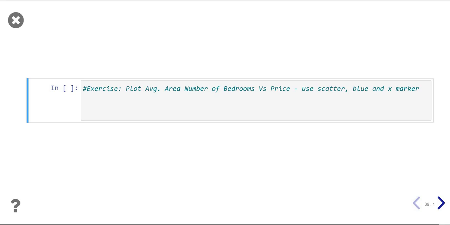So this is the power of visualization. So the thing is, use scatter plot, use blue, and also use the X marker. You'll be able to see some distinct kind of relationship between the average area number of rooms and the price.